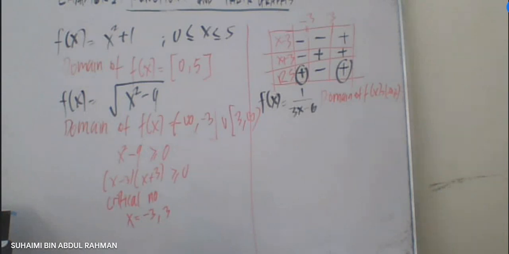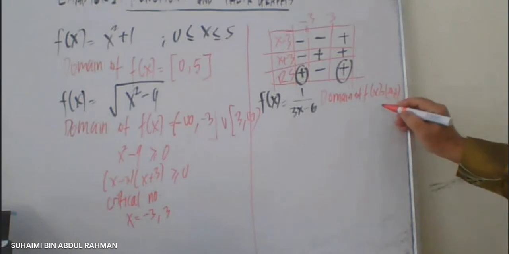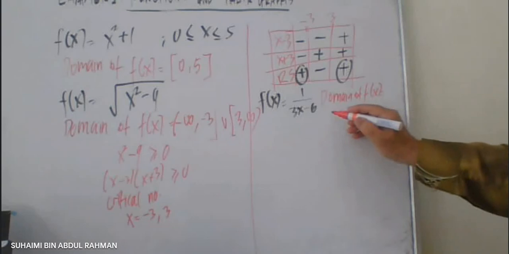And then, if we say negative infinity until 2, what happens? Excluding 2 to infinity. Okay.